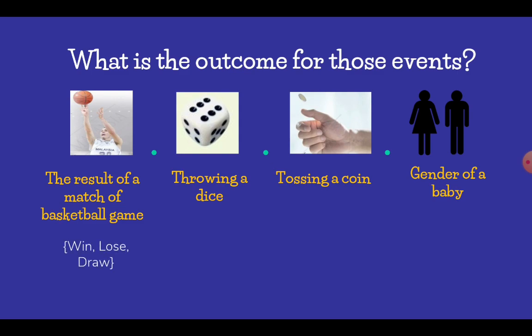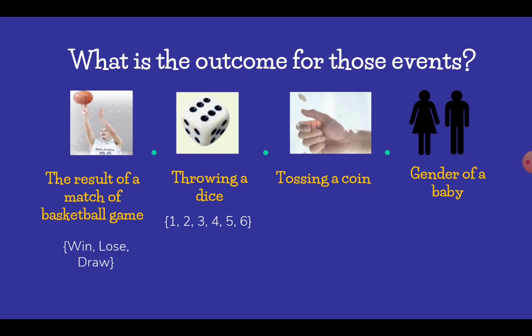So these are the possible outcomes for this game. Okay, how about throwing a dice? When you throw a dice, what are the possible outcomes that you will have? You can only have these 6 possible outcomes, whether you get 1, 2, 3, 4, 5, or 6. So these are the sets of the possible outcomes when you throw a dice.